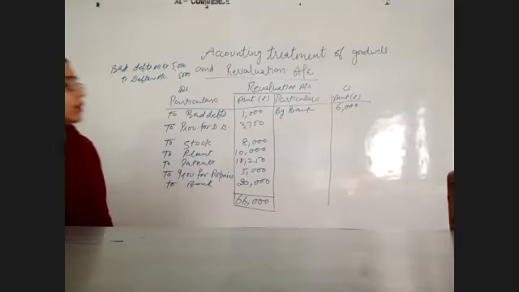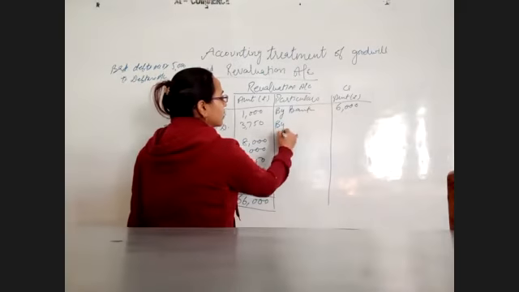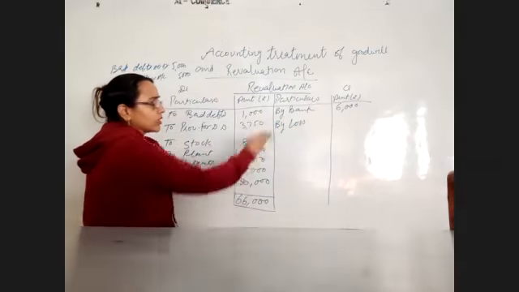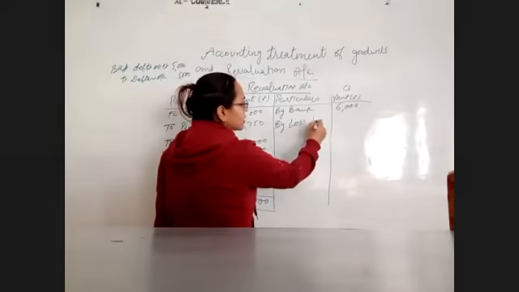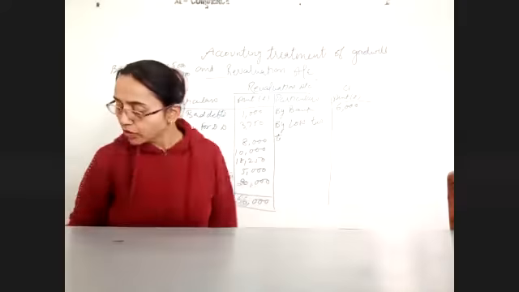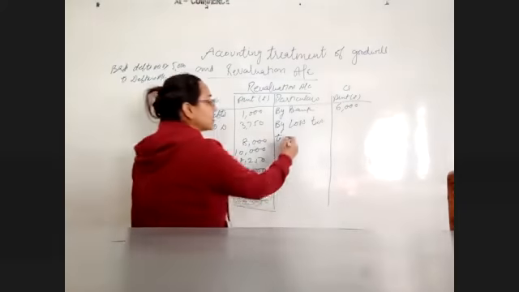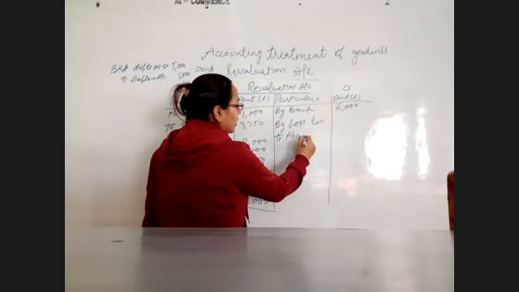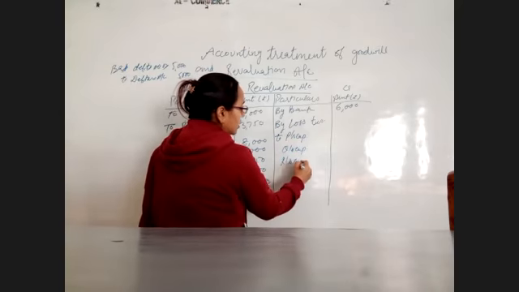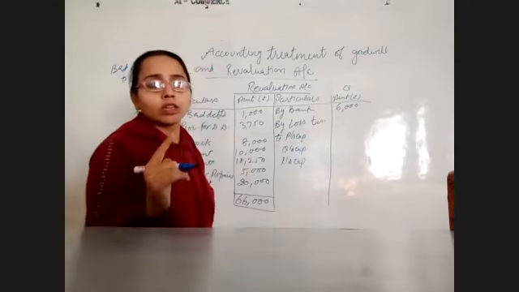So we have loss because balance is in credit side. This is the loss because the expenses are more than the income. So the loss is transferred to all partners. Okay. In this case, there are three partners: P, Q, and R. In which ratio? In old ratio.